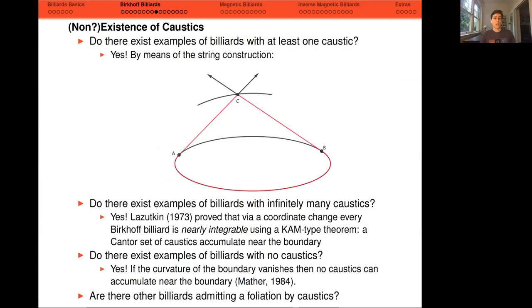When we want to talk about caustics, one thing that one might ask about is the existence and non-existence of caustics. Are there examples of billiards with at least one caustic? The answer is yes.